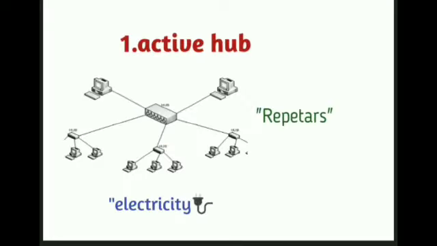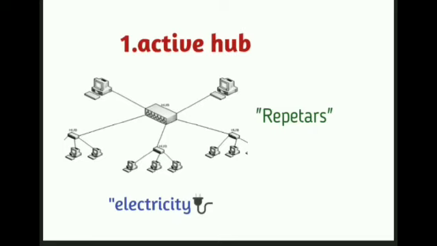Coming to the first one, active hub. See here, the active hub strengthens the signal. These types of hubs need more electricity, and active hubs can process and monitor the data or information while passive hubs cannot do this. Another term, nowadays we mostly call them repeaters.